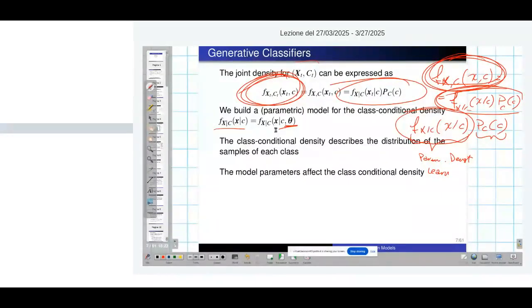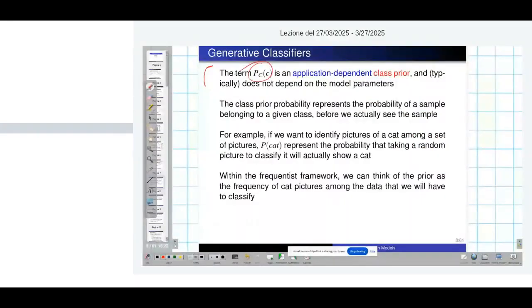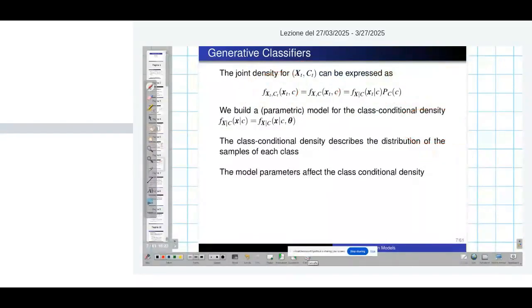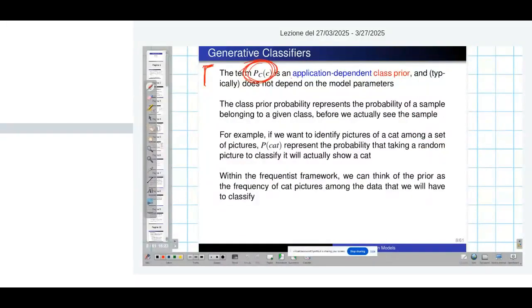Okay, now let's open a parenthesis that will stay with us for a long time. And that is something that I think gives you most problem at this point, not most problem overall, but most problem at this point: the role of the class prior probability. Now, the class prior probability represents what?